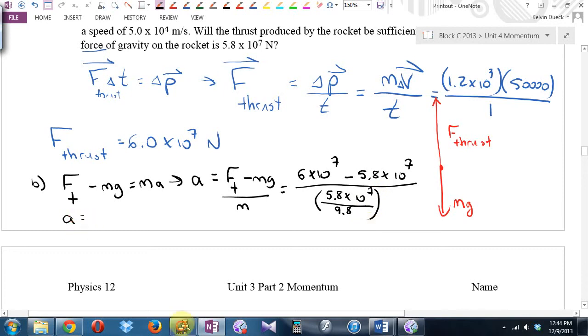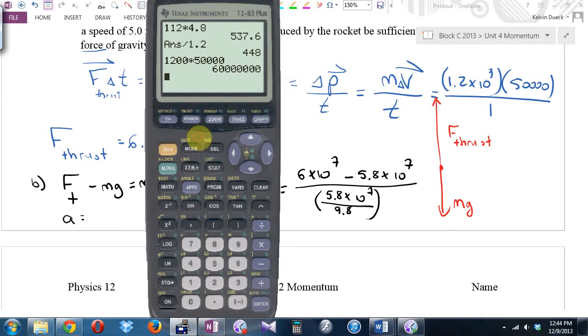What's our acceleration going to be? Let's try that again. Bracket 6e7 minus 5.8 times 10 to the 7th, divided by bracket 5.8 times 10 to the 7th divided by 9.8 to get the mass.